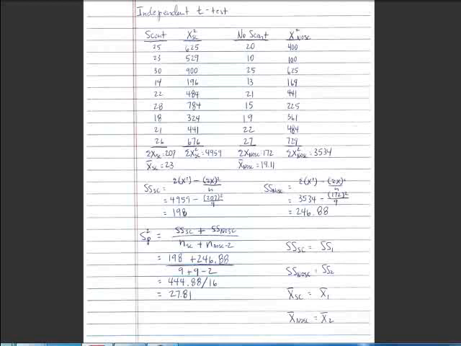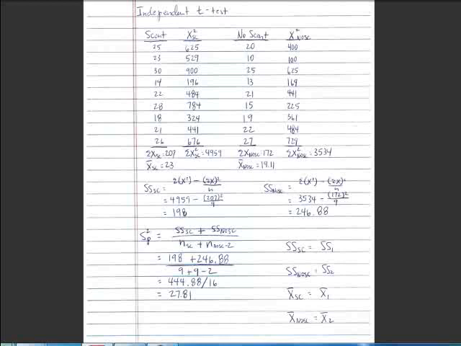So let's say that again. Our pooled variance is the variation in the scented group plus the variation in the non-scented group divided by the number of people in the scented group plus the number of people in the non-scented group. So that's N sub SC plus N sub NOSC, those two added together, and then subtract out 2.